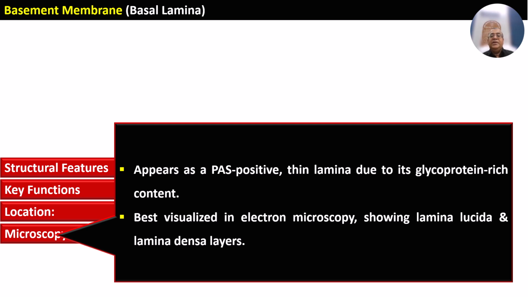On microscopy, it is a PAS positive structure that is very thin and rich in glycoprotein, and it is best visualized in electron microscopy, showing two distinctive structures, lamina lucida and lamina densa. One is a densely packed area and another is a lightly packed area.